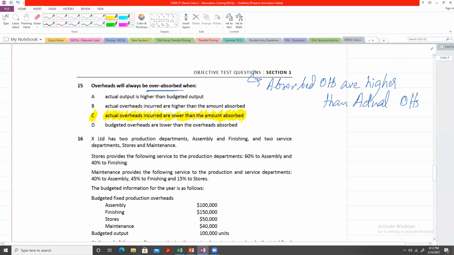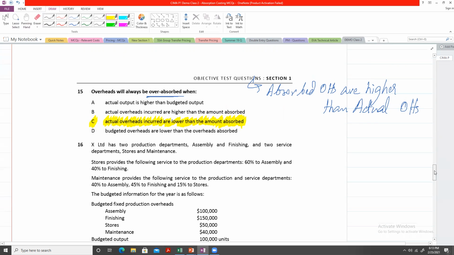Instead of saying absorbed overheads are higher than actual overheads, this statement says actual overheads are lower than the absorbed overheads. The meaning of both statements is the same, so C is the correct answer. Over absorption occurs when actual overheads are lower than the absorbed overheads, or absorbed overheads are higher than the actual overheads. Moving forward.